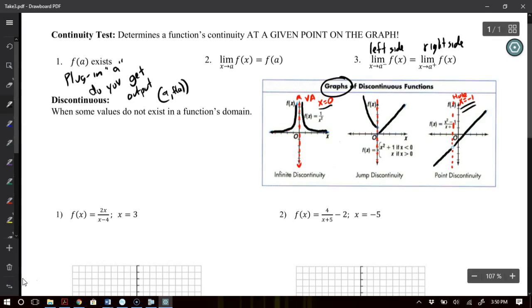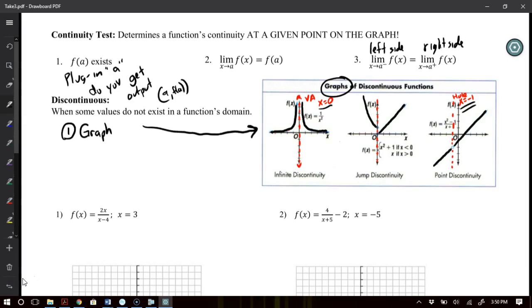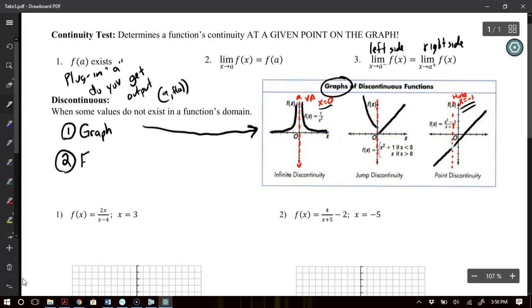So the order of what we're going to do is graph first, because by graphing, I should be able to see whether a specific value creates discontinuity. So I may know what my answer looks like before I start the problem. Then I'm going to find f of a. And like I said, if it exists, you're going to write the coordinate a, f of a, to help you visually see what's going on on the graph.